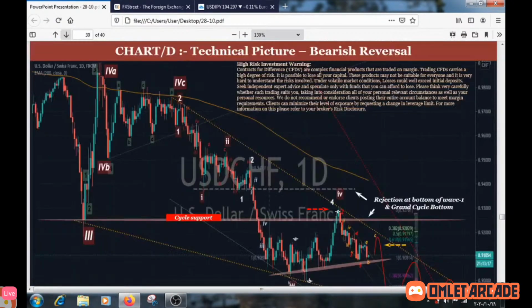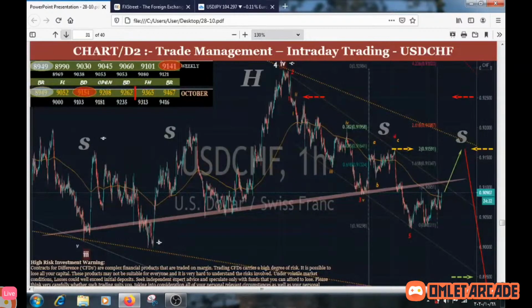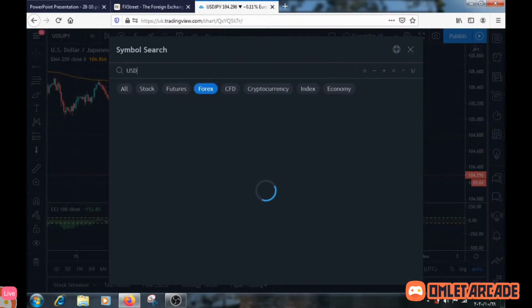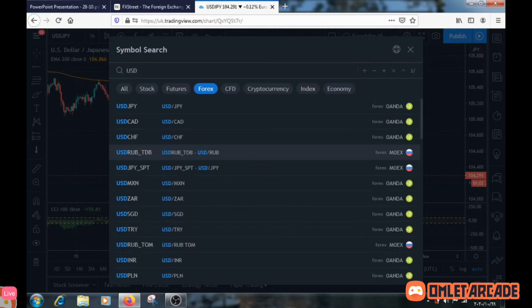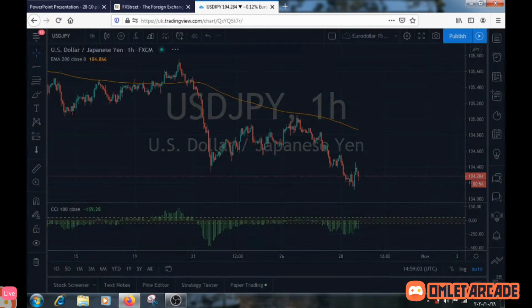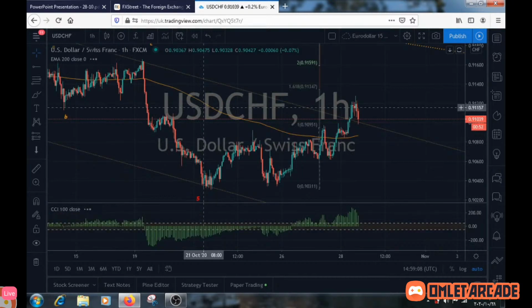Okay, alright, so we move on to our next issue, which is the United States dollar against the Swiss franc. Regarding the United States dollar against the yen, you would still try to fill 106.6.